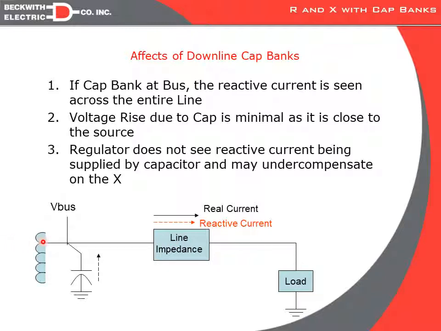So the regulator doesn't see that all this VAR current is flowing, so it's not attempting to compensate for it, and the capacitor bank is not providing enough lift in the voltage, and therefore we could risk having under voltage at these customers near the end of the circuit, as we are undercompensating on the X side because we don't realize that capacitive current is flowing through the system.